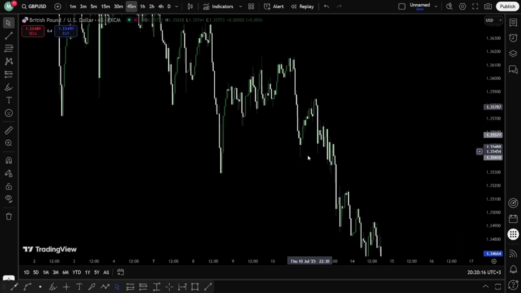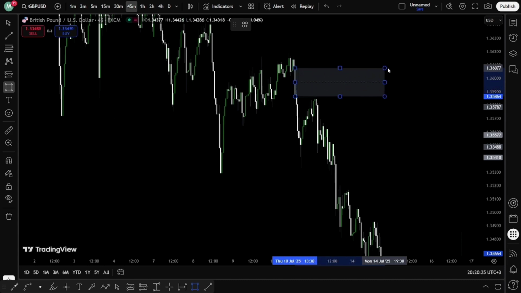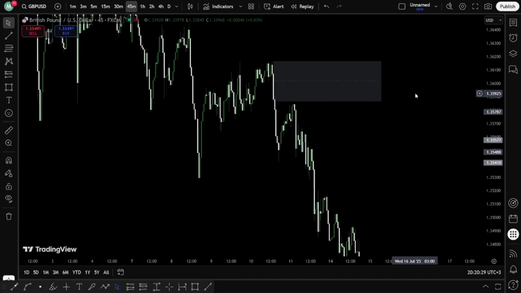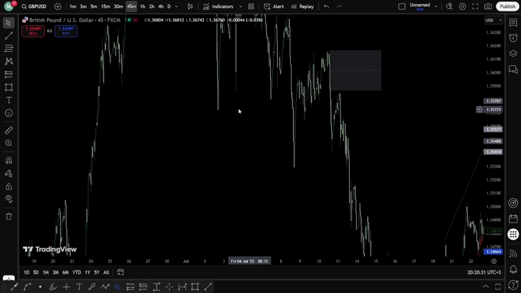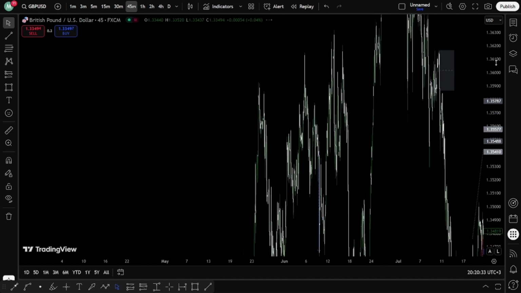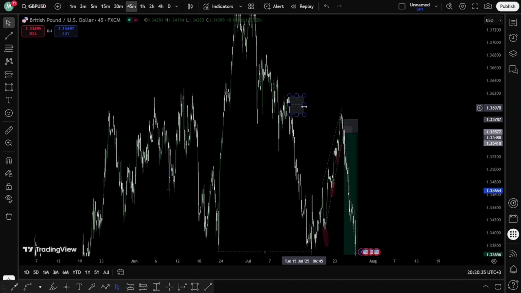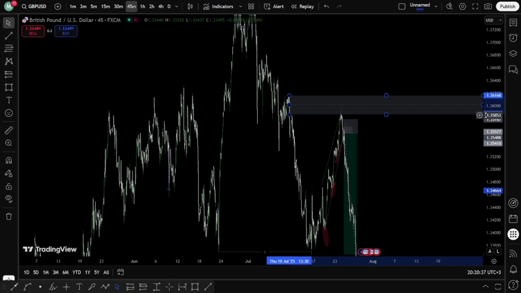So what I did was to take this as my entry. We have a fair value gap here. I told you not to use fair value gaps, but I used it as a full order block, so as not to miss an entry. So I bring it out like this.